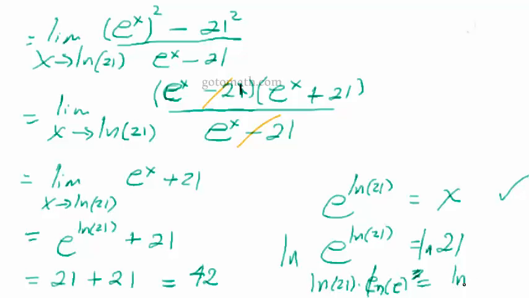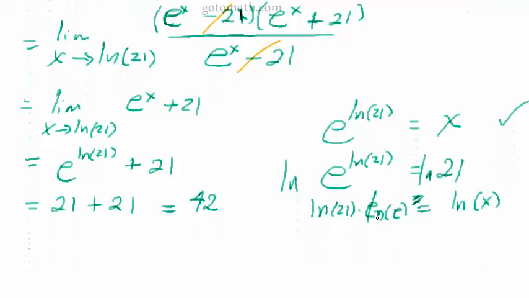So the natural log of e is 1. And obviously, if the natural log of 21 is going to equal the natural log of x, then x has to be 21. You got no other choice here. So that's the logic behind that, just by taking the natural log of both sides and knowing that the natural log of e is 1.